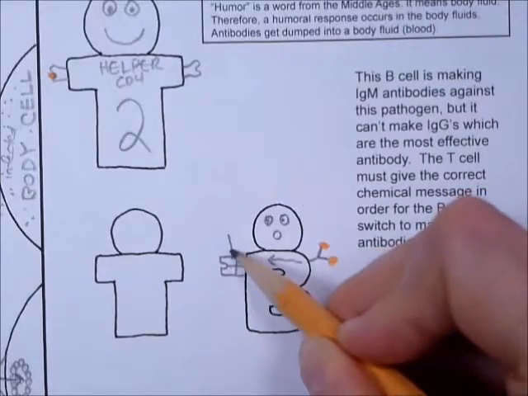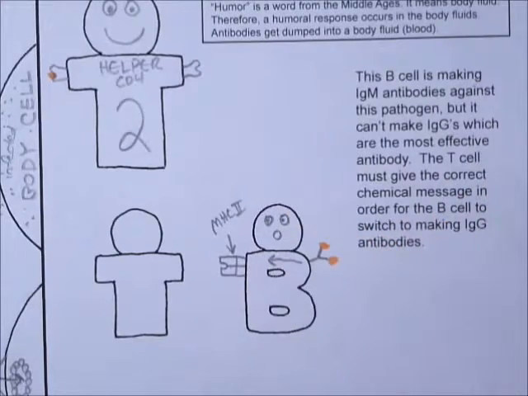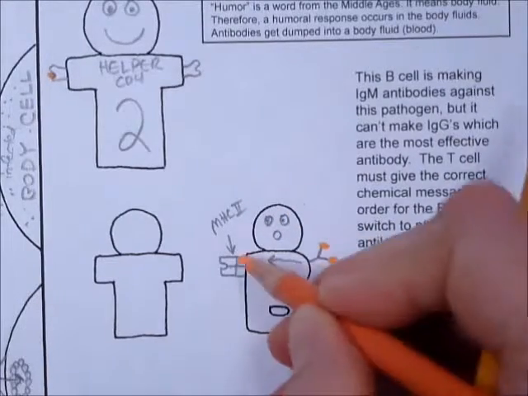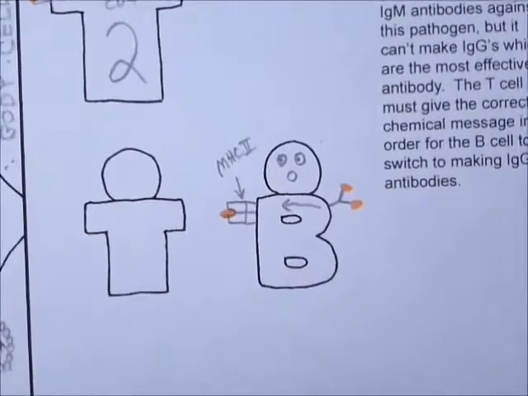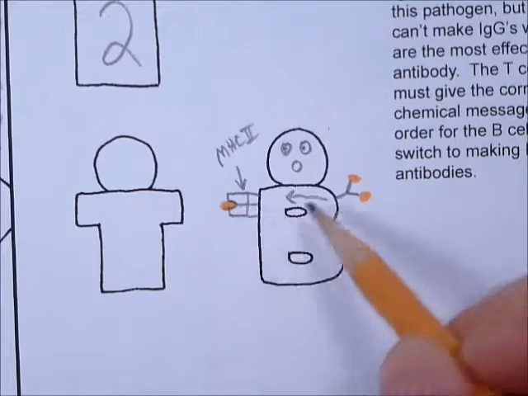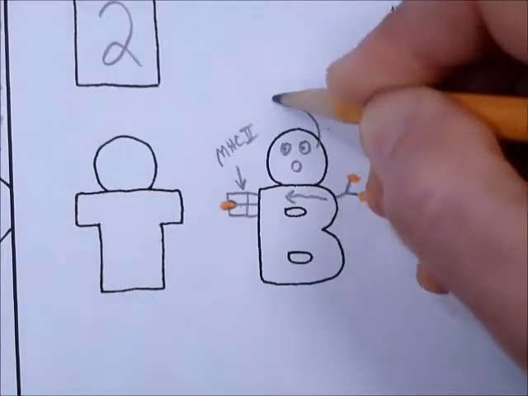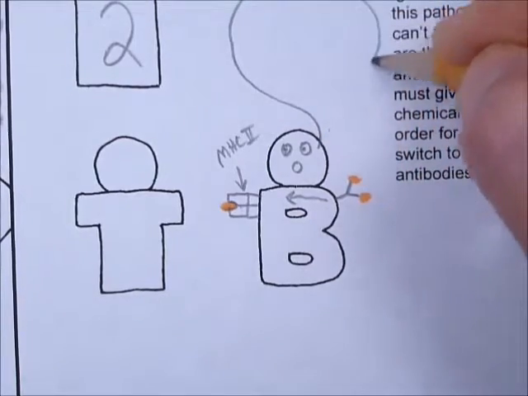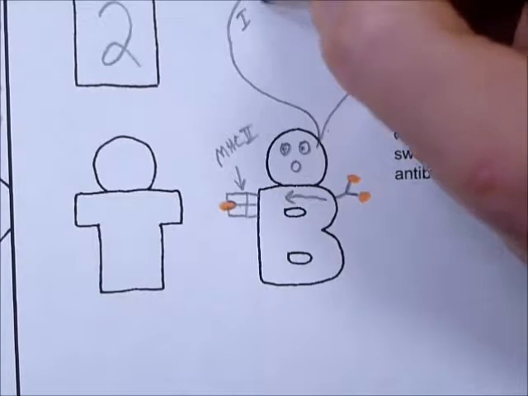So this is actually MHC2, just like the macrophage uses. And here's this little piece. So it's got this little thing, and it is saying, this little conversation bubble, I found this thing.